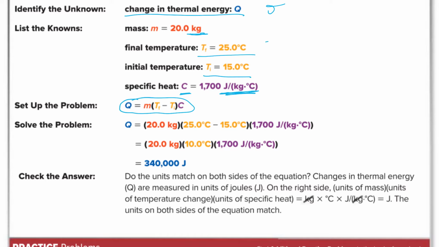Now sometimes this final temperature minus initial temperature is written as delta T. Delta means change, change in temperature. Okay, so let's work through the example problem here.